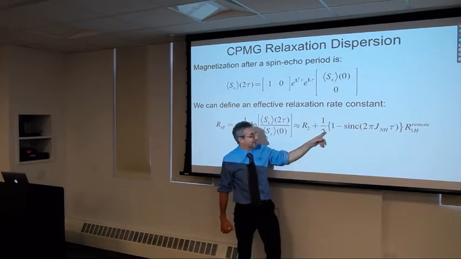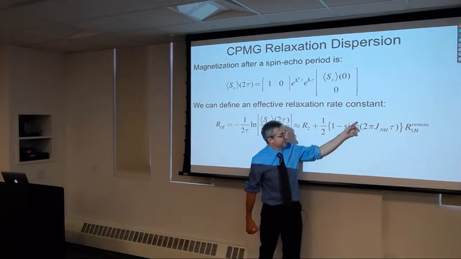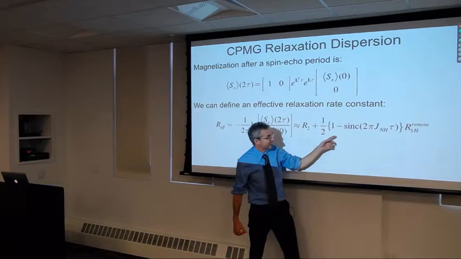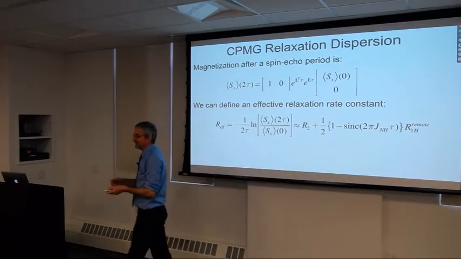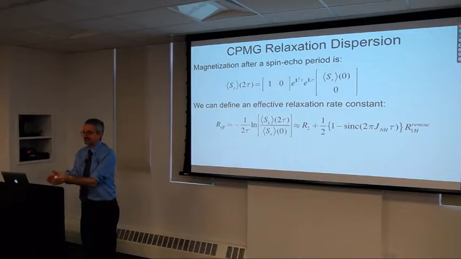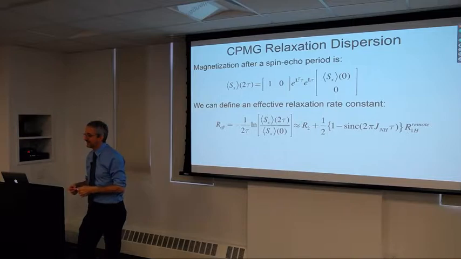But as tau becomes larger, the sinc function eventually approaches 0, and we mix in 1/2 of the remote R1 rate. And that makes sense because on average, if we have free precession, half the time we have in-phase magnetization and half the time we have antiphase magnetization. So we would just end up with the numerical average of the two rate constants, which would just be R2 plus 1/2 of the R1.